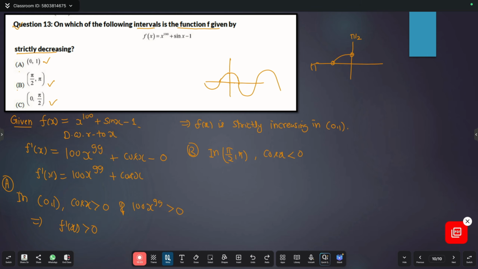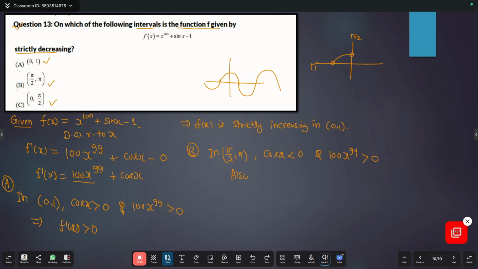But cos x minimum value is -1 and maximum value is +1. The remaining 100 x to the power 99 is positive, and it is a very large number. Minus 1, again positive is coming. So the total combining is positive.